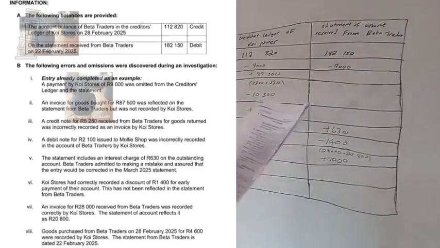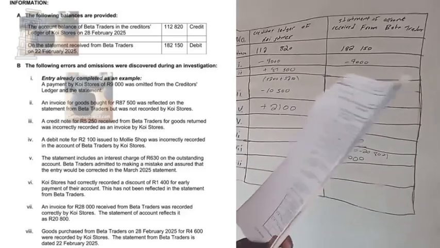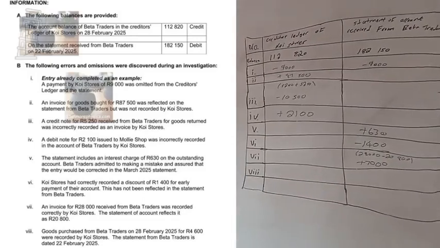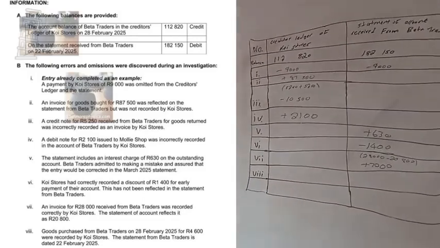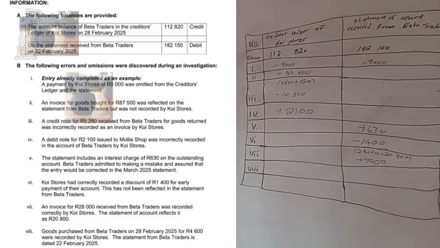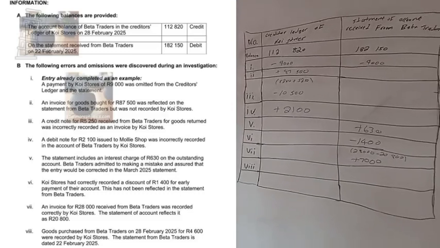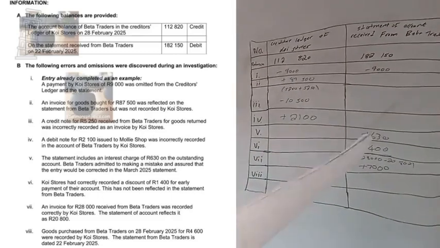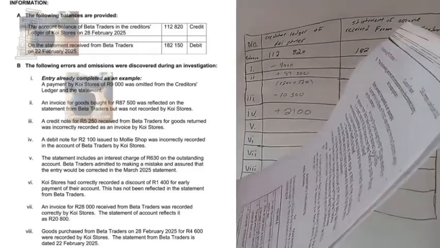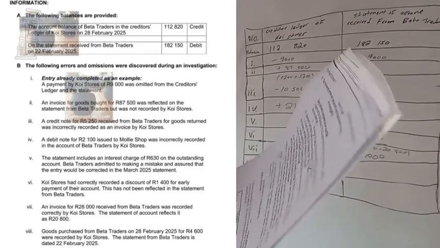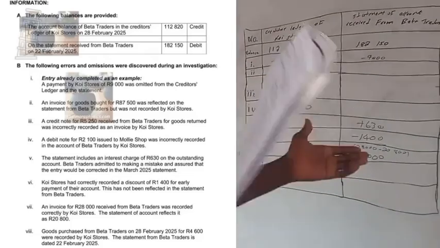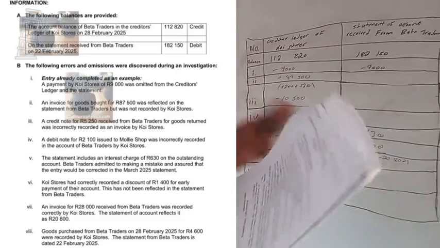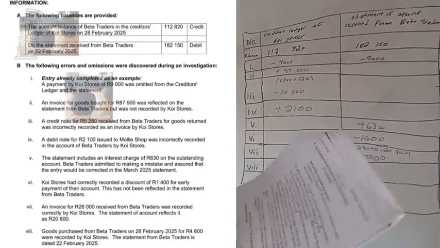And then the last one, goods purchased from Better Traders on 28 February 2025 for 4,600 were recorded by Coin Stores. The statement from Better Traders is dated 22 February 2025. Okay guys, so this one is quite simple. We bought goods from our suppliers for 4,600, and we recorded it.